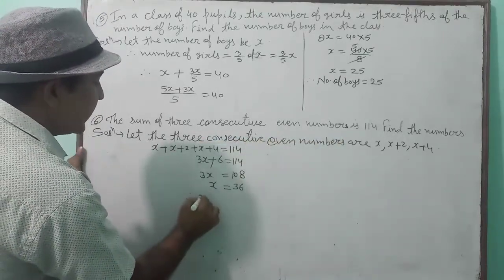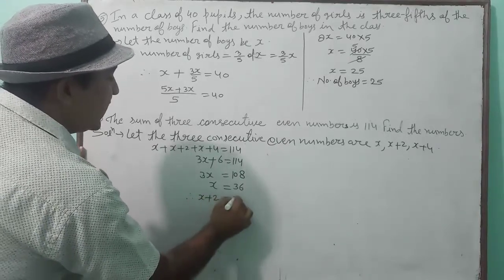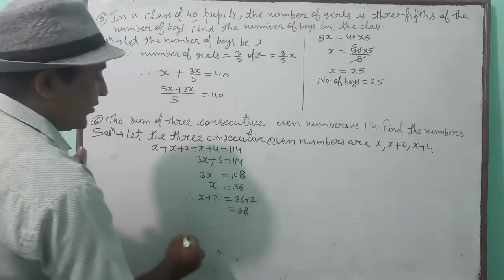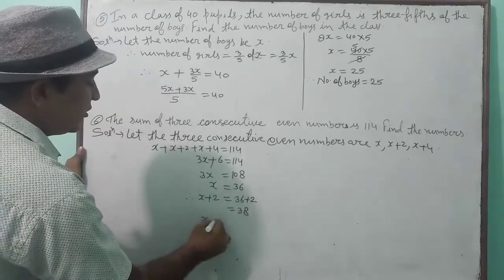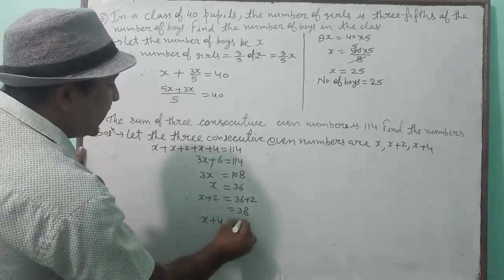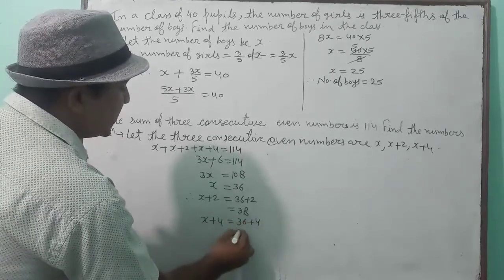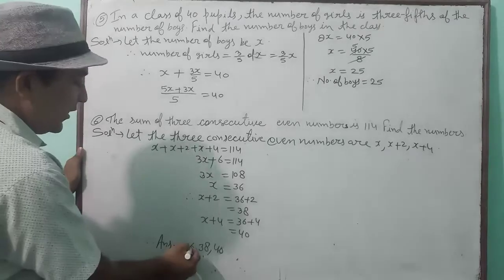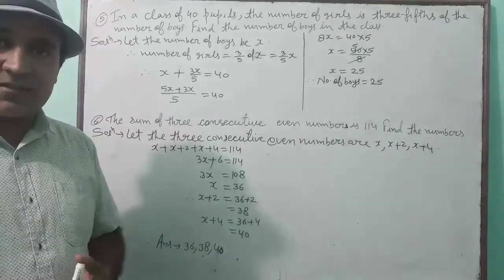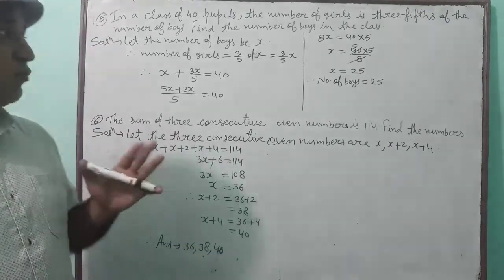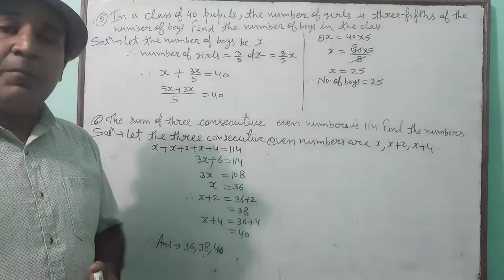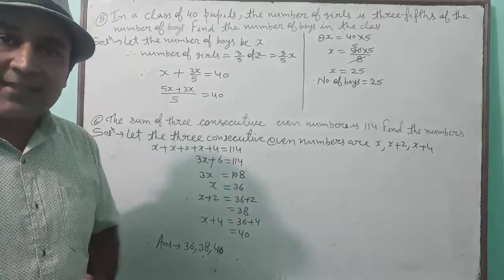So what will be the second number? x plus 2, 36 plus 2 means 38. Similarly, the third number is x plus 4, means 36 plus 4, that is 40. So what is your answer? 36, 38, 40.